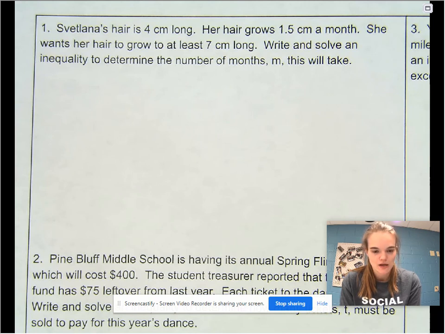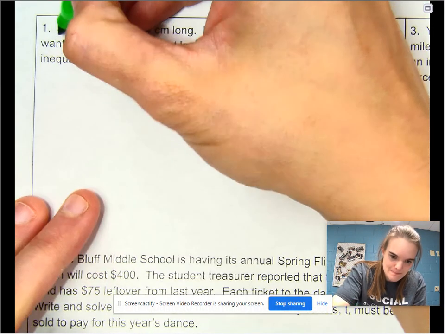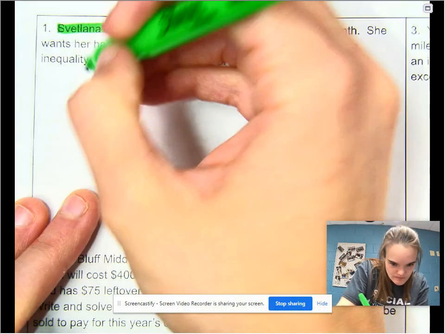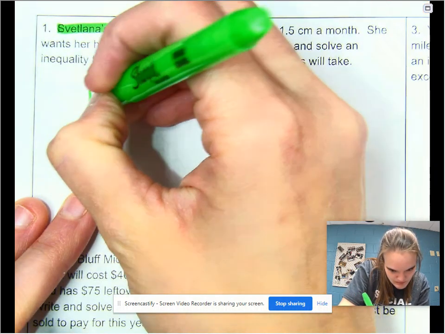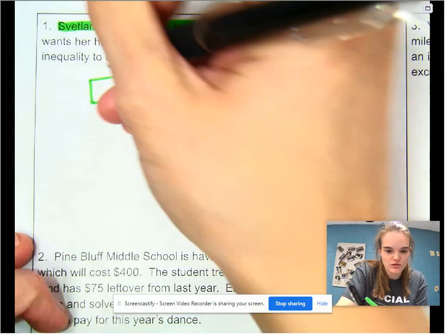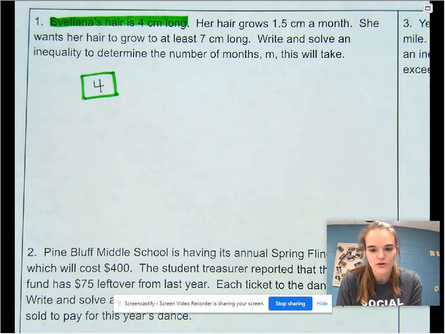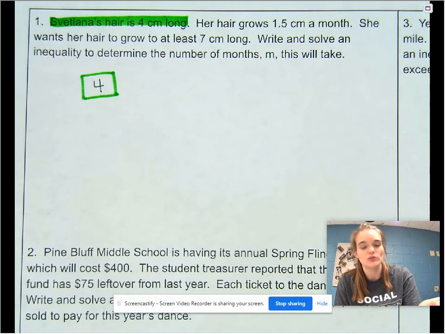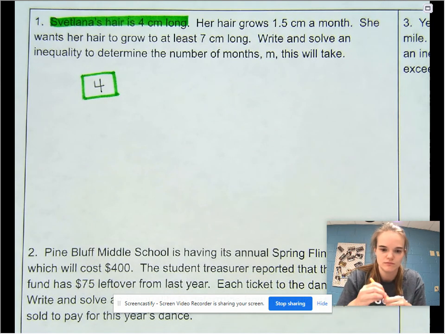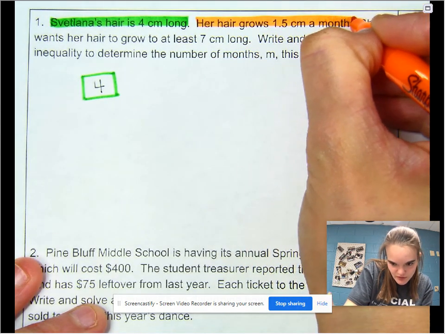So here's what we got going on. Number 1, Svetlana's hair is 4 centimeters long. Okay, that's important, so we're going to highlight it. Her hair grows 1.5 centimeters a month.